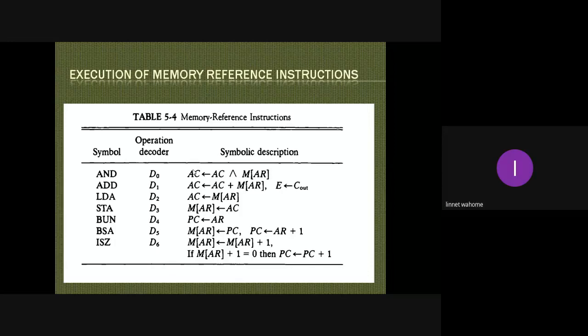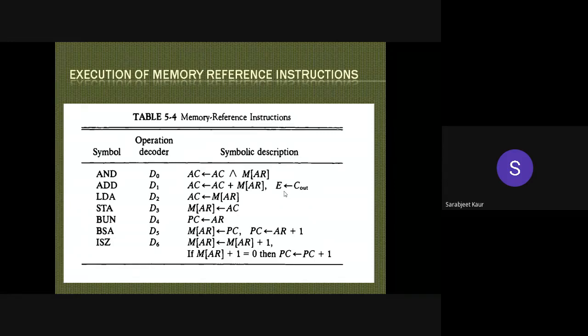The next memory reference instruction is ADD. The only change that you see is that we have put a plus sign, which represents addition instead of AND. There is something else that you see here. When this is an add operation, as you are aware, we may also get a carry out from the last bit, the most significant bit.